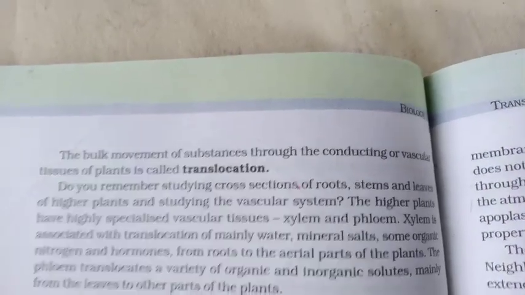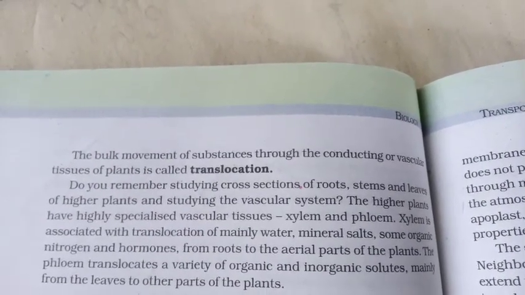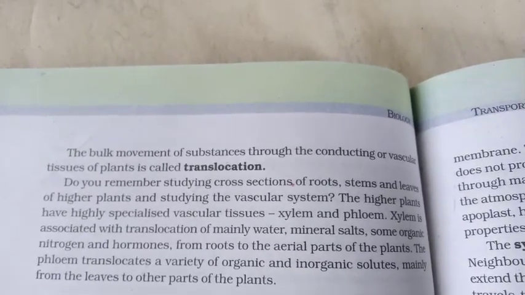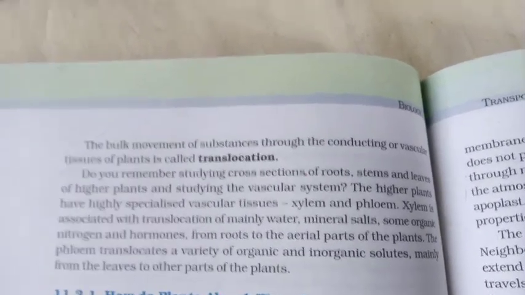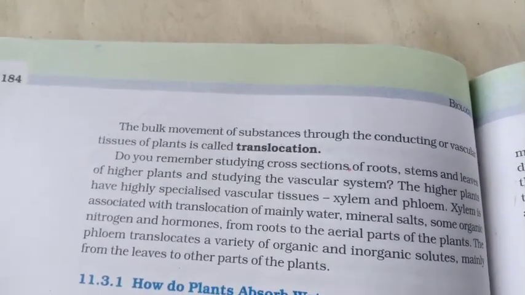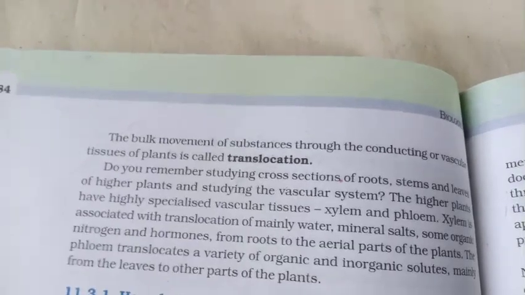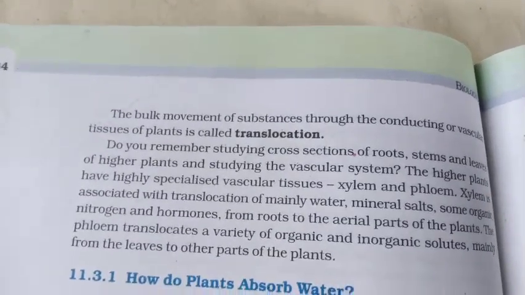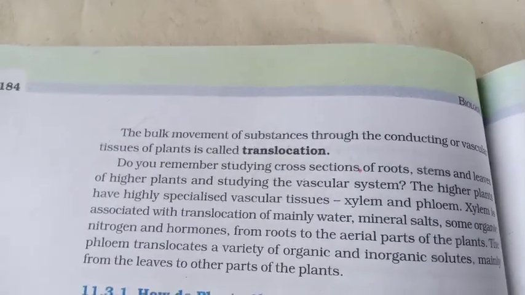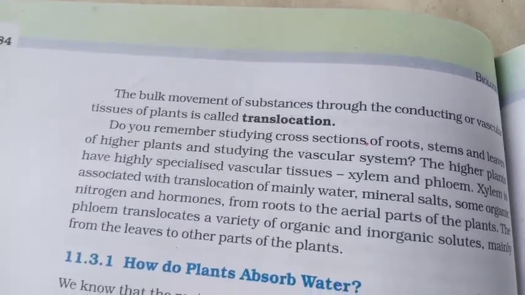When we previously studied the cross sections of the roots, stems and leaves of higher plants and their vascular systems, we could easily recognize the xylem, which is meant for conducting water, and the phloem, which is meant for conducting the different food materials prepared during photosynthesis.